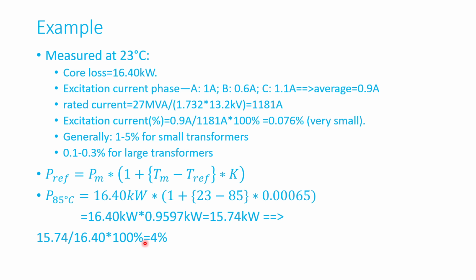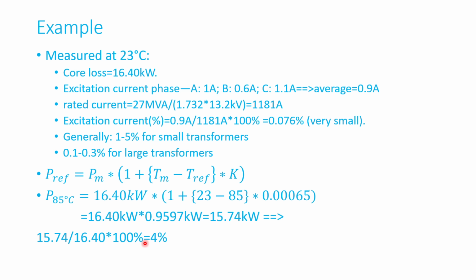So notice the test temperature is 23 degrees Celsius. When I chose the reference temperature as 20, the core losses didn't change a lot because the temperatures were close. But when I went from 23 to 85, the core losses went down by 4%.